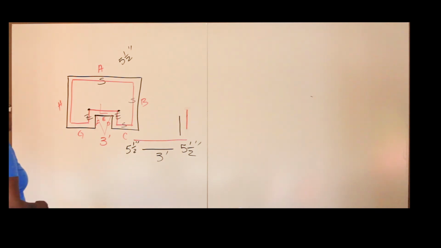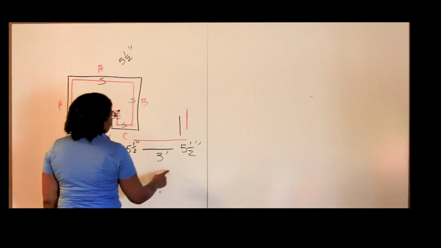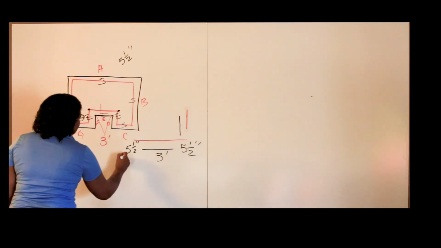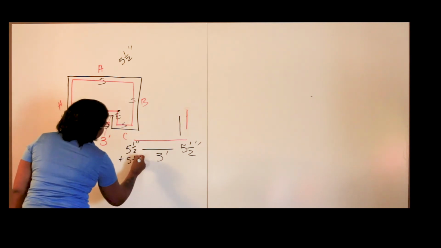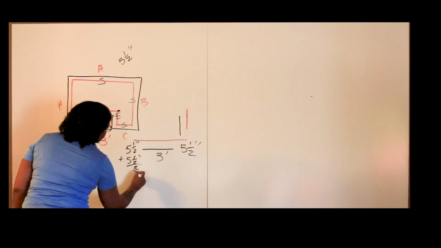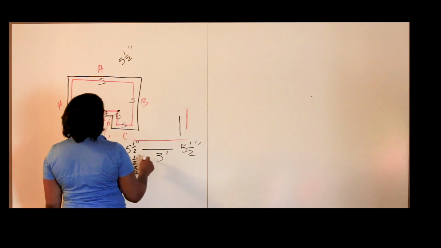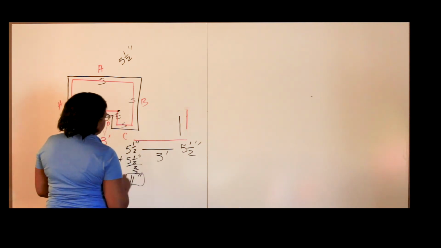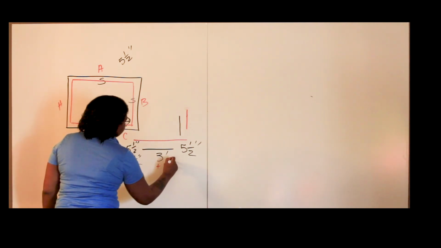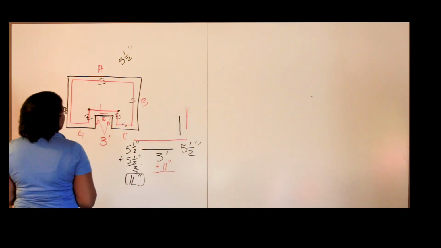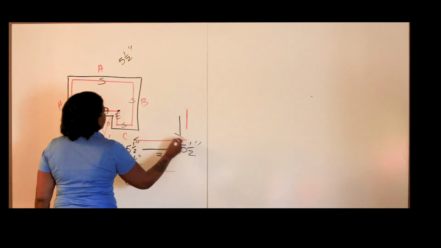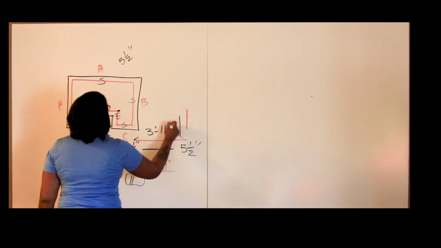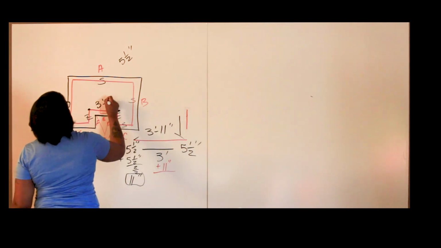So that means I need to add 5.5 plus 5.5. 5.5 plus 5.5 is 11 inches. So I need to take the 3 feet and add 11 inches. So now I know that this interior wall would be 3 feet, 11 inches.